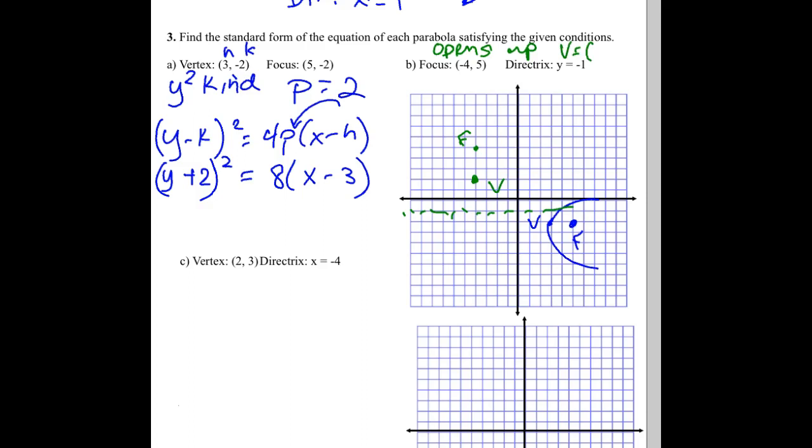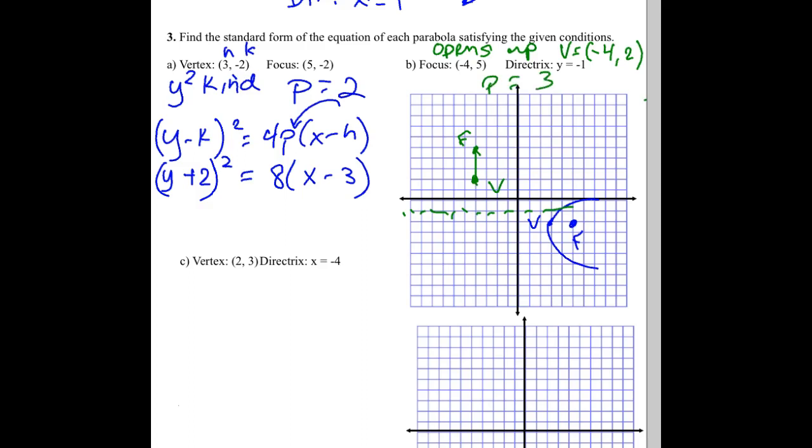What are the coordinates of my vertex? What is p? P is 3. Directed distance from vertex to focus. To go from here to here, I had to go up 3. So P is a positive 3.